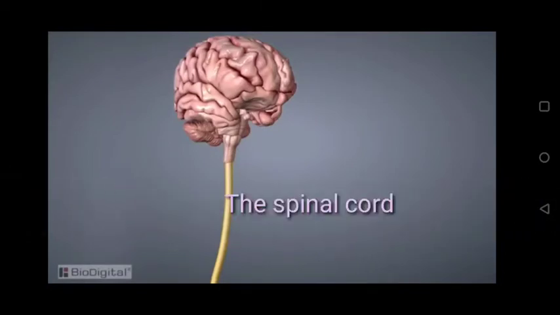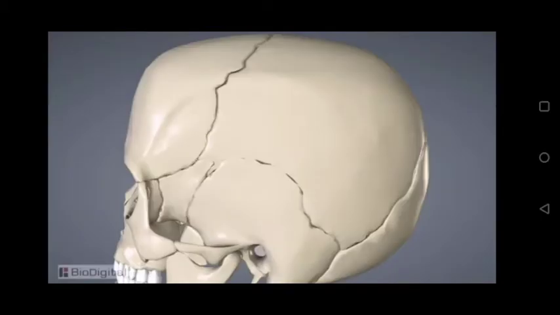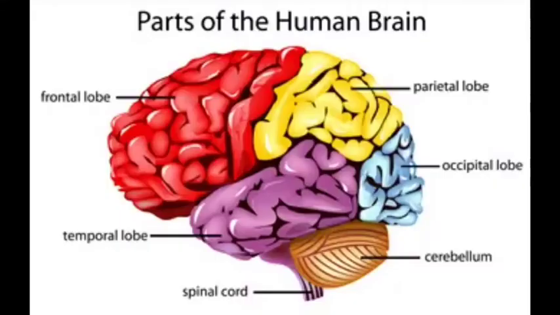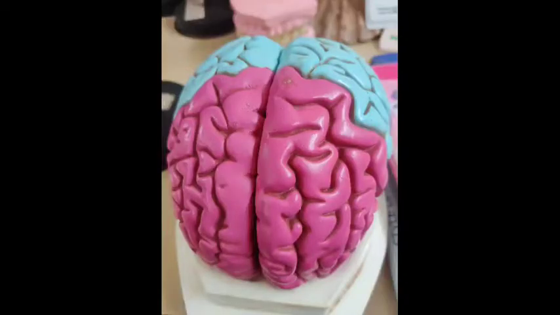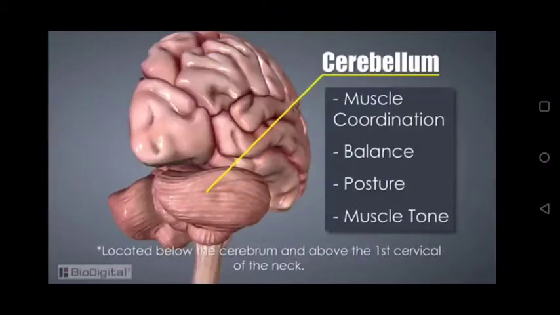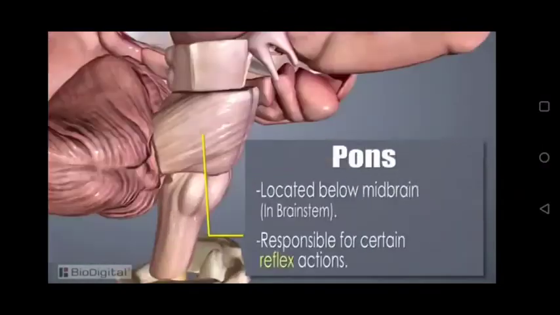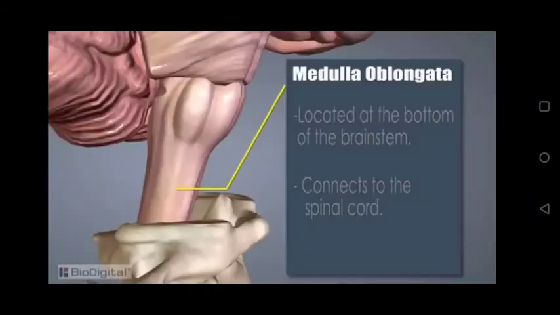As most of you know, the brain is found inside the skull. There are 6 other structures within the brain. These 6 structures are the cerebrum, cerebellum, diencephalon, the midbrain, pons, and the medulla oblongata.